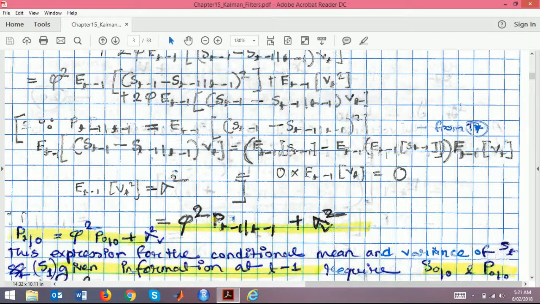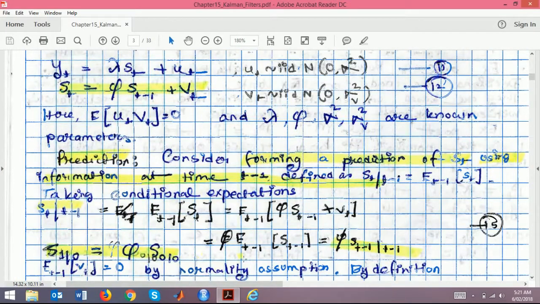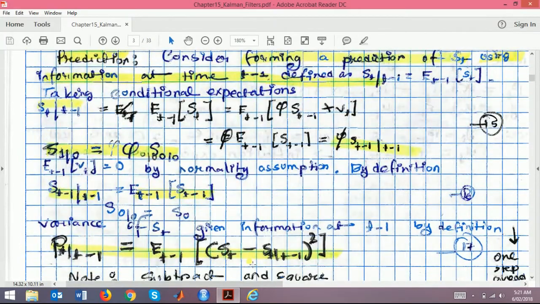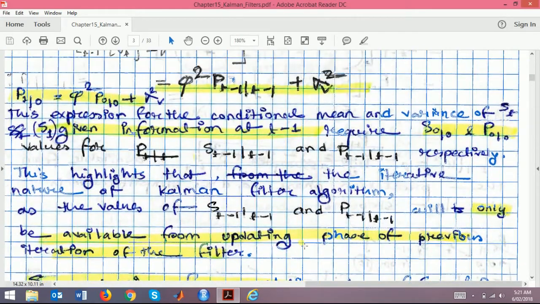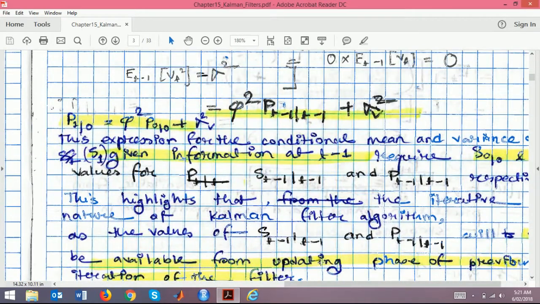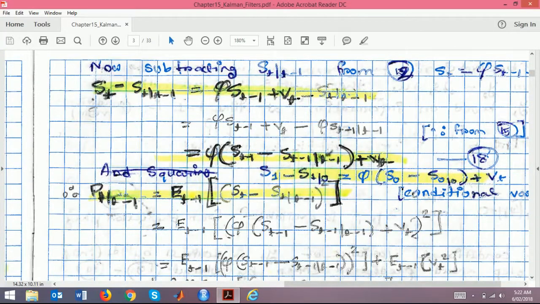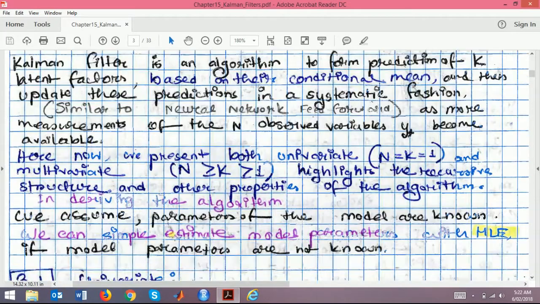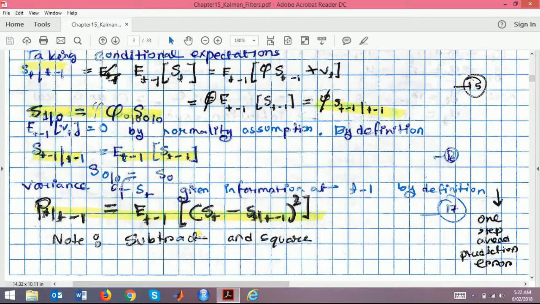So what was s1|0? s1|0 was phi s0|0, that was it. And the conditional variance of s1, P1|0, equals phi squared P0|0 plus the variance of the disturbance term, sigma squared v. That's all.